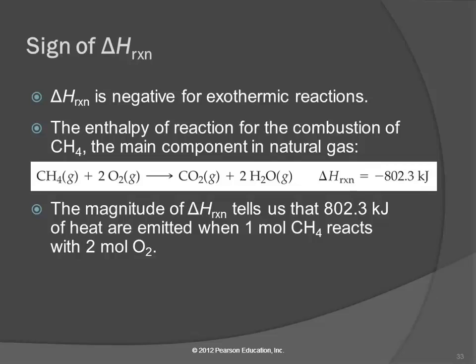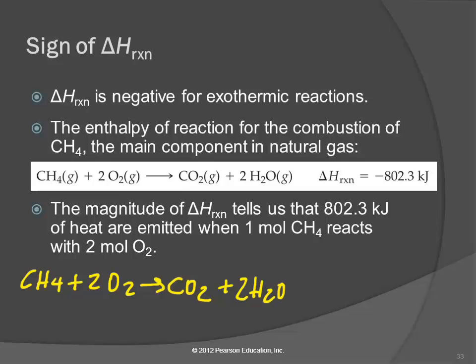Another way, which your book doesn't go into but might help some of you understand it a little better, is to show it as part of the chemical reaction, because heat is being produced. So you can also view that energy as a product of the reaction.